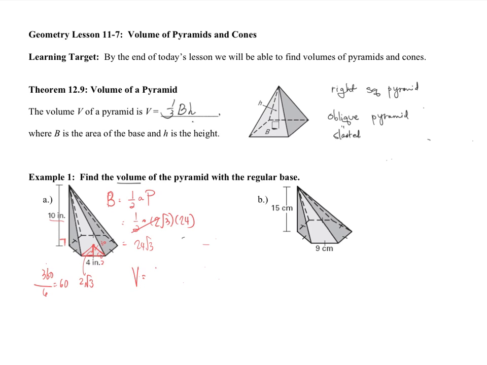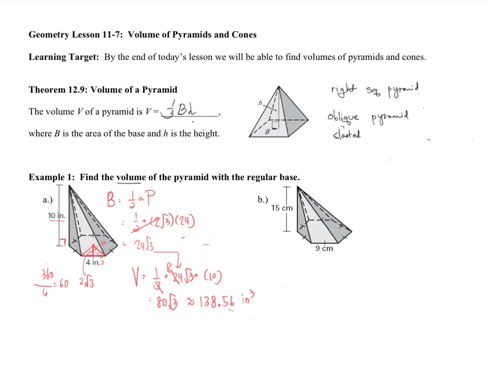Volume equals 1/3 times base area times the height of 10. Let's first simplify. We will get 80 square roots of 3. And you might be asked to write it in decimal form, so 138.56 cubic inches.